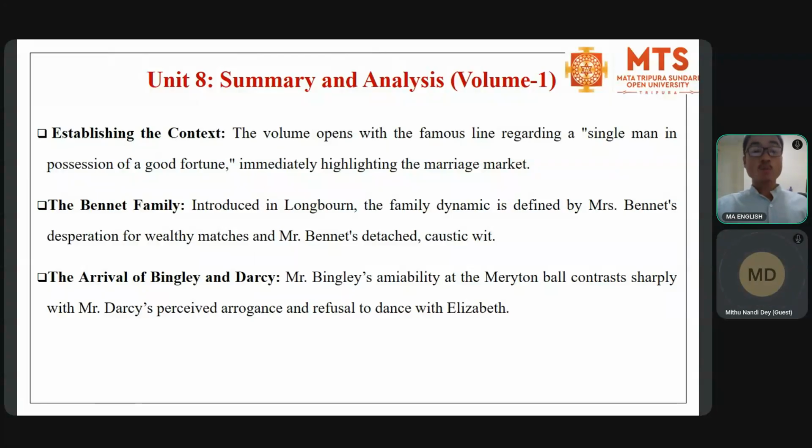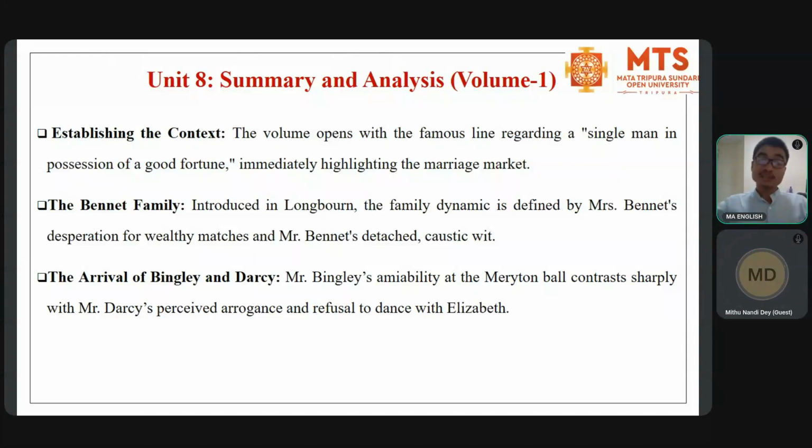and they meet two Bennet daughters, Jane and Elizabeth. When Mr. Bingley sees Jane, the eldest daughter, for the first time, he just falls in love at first sight. They were two friends, Bingley and Darcy. The same thing was expected from Darcy also, that he would fall in love with Elizabeth, the younger sister.